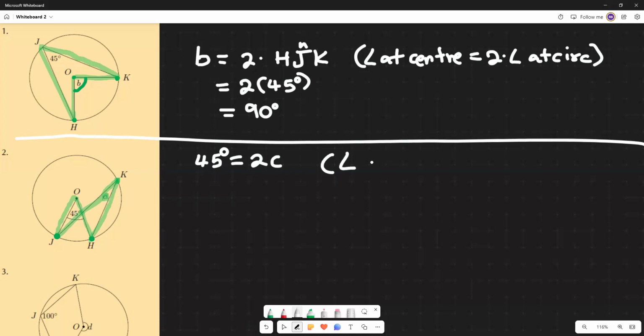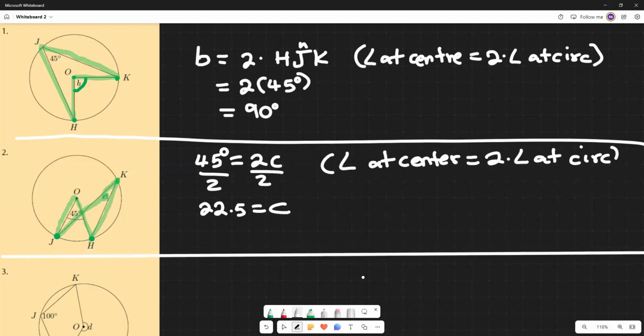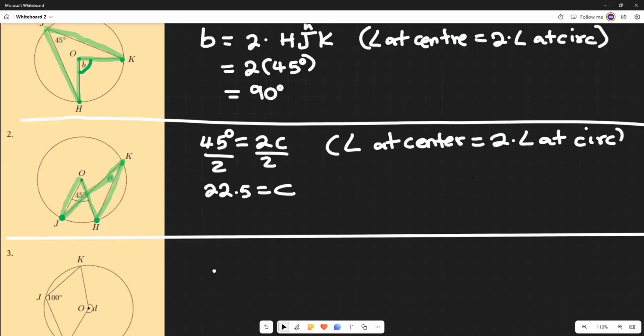So angle at center, which is 45 in this case, is equal to 2 times angle at circumference, which is 2 times C. Then we divide both sides by 2, and we get 22.5 equals C. And that is the value of your C, ladies and gentlemen. Now we can go to 3.